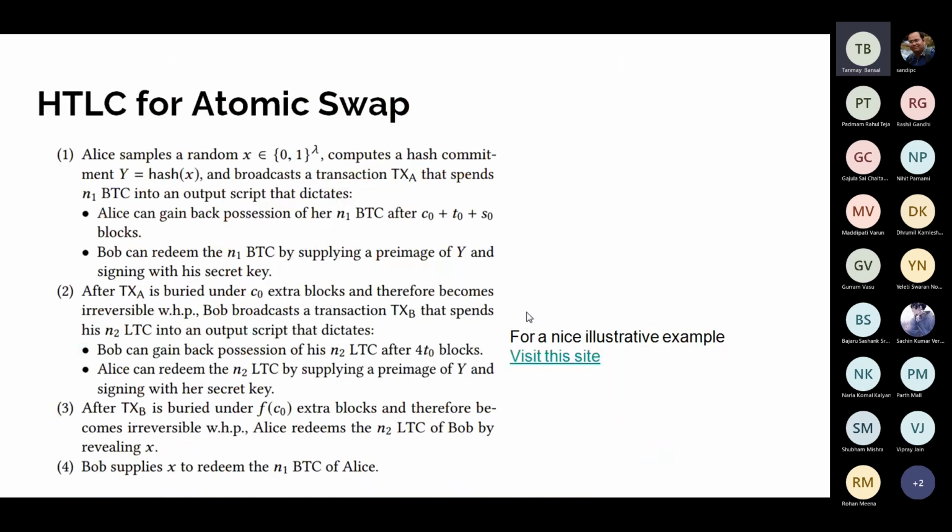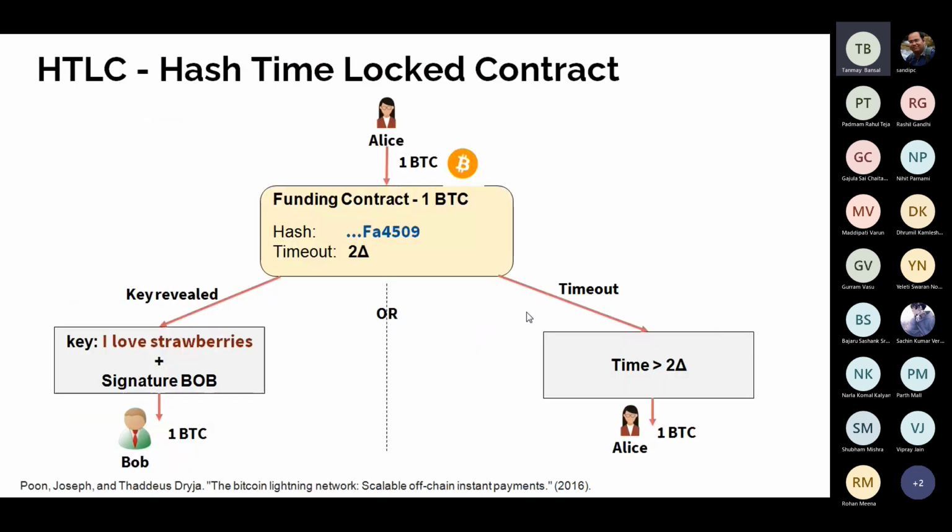So that is where we have so far introduced the basic concepts about this hash lock, time lock, and these hash time lock contracts, and explained the importance of this timeout also.